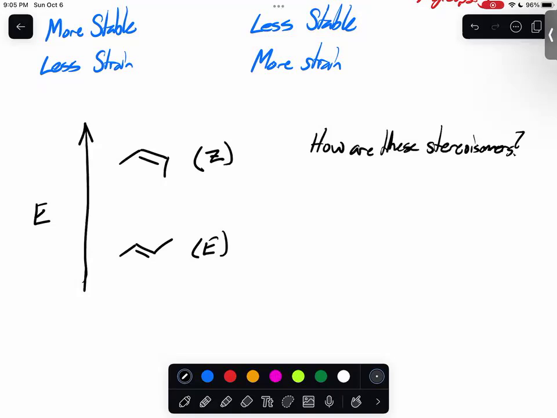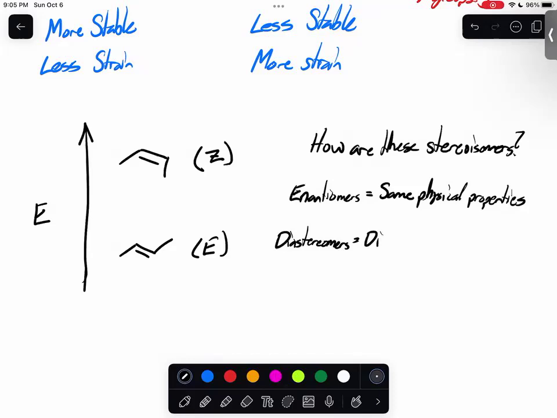But the question is, which type of stereoisomers are these? Because we have two choices, right? We have enantiomers, which we've already discussed multiple times in the last couple of lectures, where they have the same physical properties, or they are diastereomers, and they have different physical properties.